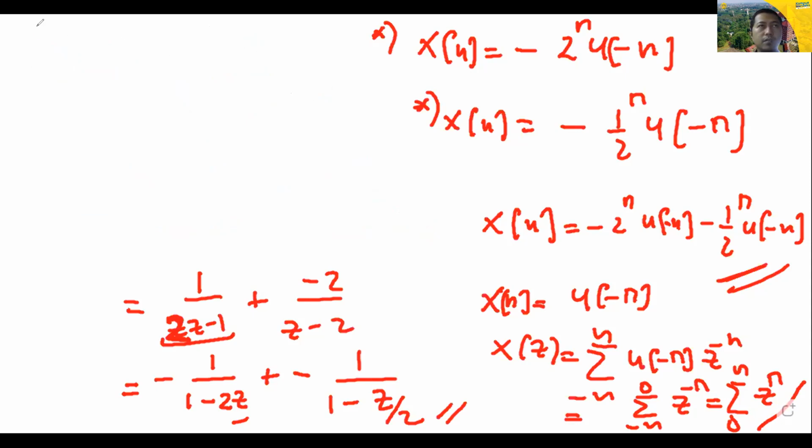From these expressions, if you remember that this is z^n, using the geometric representation, it should be 1 minus z, for z less than 1.